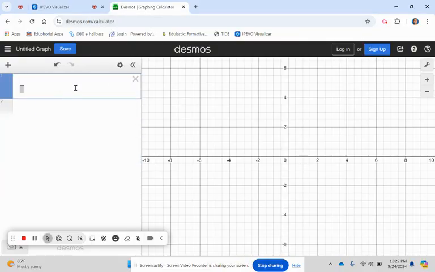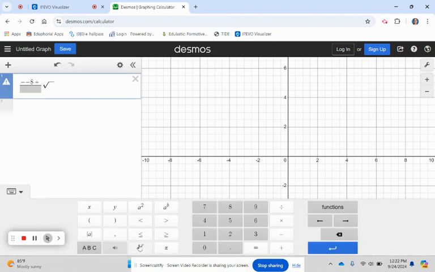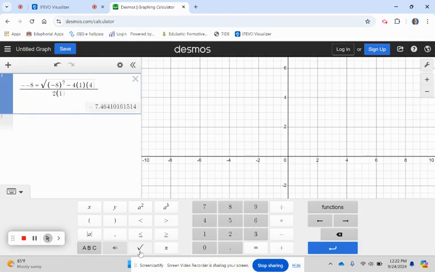So you want to press divide first, negative, negative 8. Let's do plus first. Oh, need to make sure I'm up in the denominator. Square root, parentheses, negative 8 squared minus 4 times 1 times 4 divided by 2 times 1.